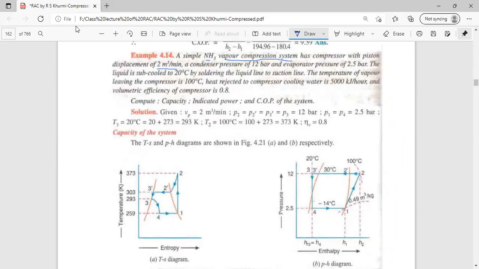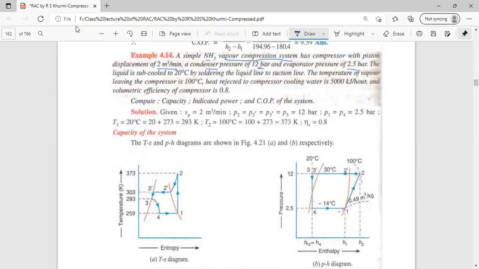A condenser pressure of 12 bar means the compressor compressed the refrigerant up to 12 bar, which is the higher pressure, and evaporator pressure of 2.5 bar, which is the lower pressure, which is the inlet pressure of the compressor itself.